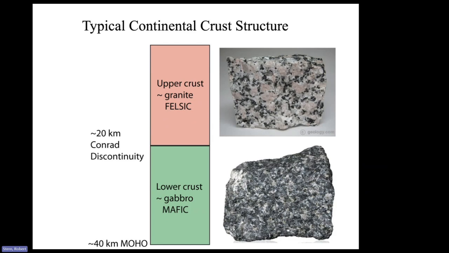It's mafic or gabbroic, right? The Moho there is shown at 40 kilometers. And sometimes people say there's a mid-crustal discontinuity in the continental crust called the Conrad discontinuity. It doesn't always exist, but it's common enough that it warranted its own name.